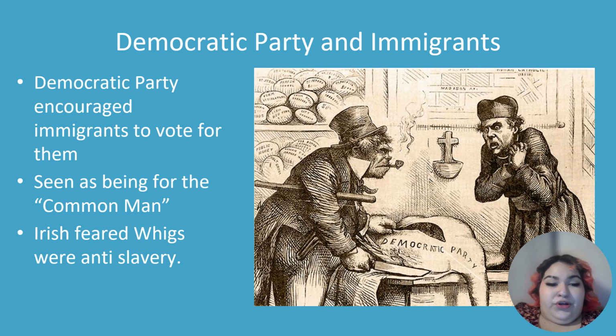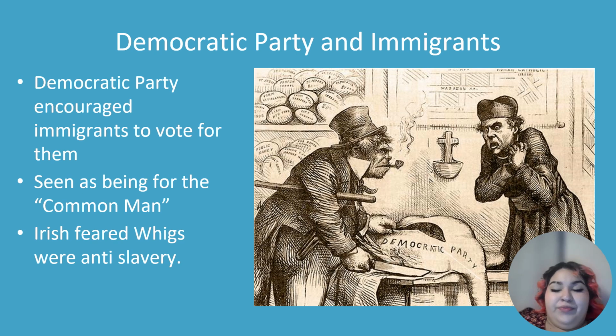For the average worker. And now it's important to remember that the Irish already have problems with the African Americans, right? And one core belief of the Democratic Party is that they wanted to keep slaves, right? Whereas the Whigs, their opponents, they were anti-slavery, right?